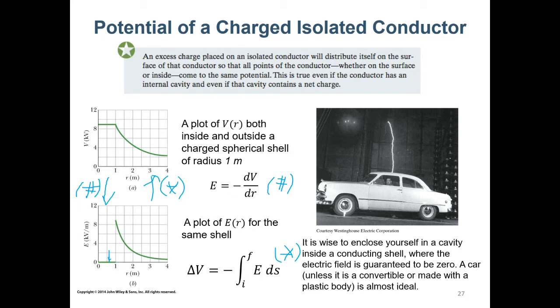And then this will decrease, so the slope here is negative, and then we have another negative sign, so this is positive here. The slope here is larger, the slope here is smaller, so the electric field here is larger, and the electric field here is smaller, somehow like this.